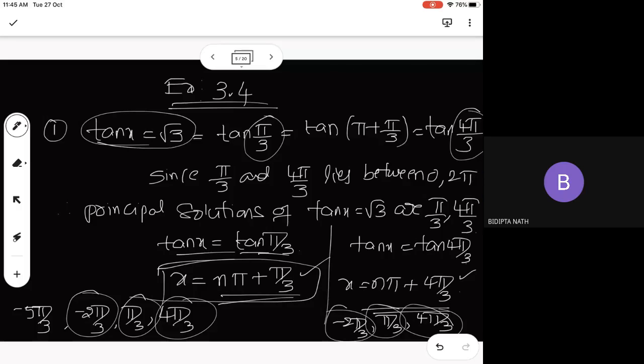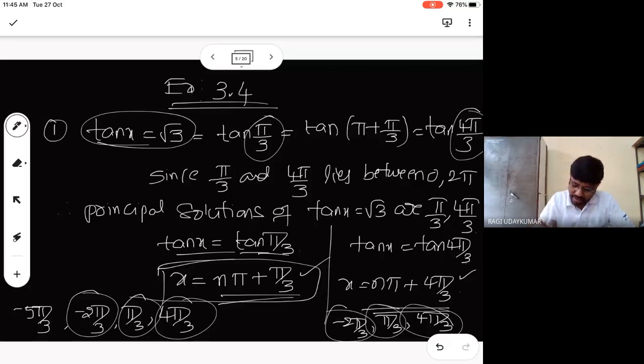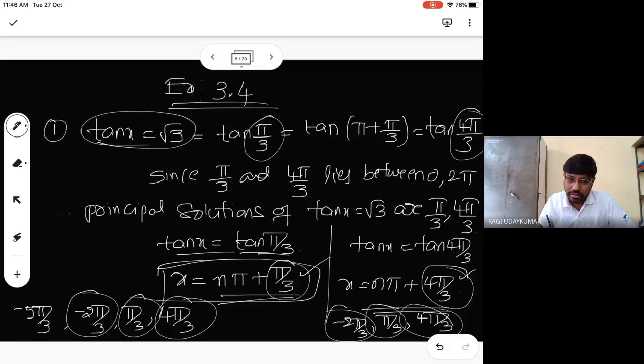Yes sir. So if I have substituted pi by 3 to get the solution, I have substituted here 4 pi by 3, and you can still substitute any number. Minus 2 pi by 3 also you can substitute here. If you write the general solution, it looks different to you, but it gives the same solution.